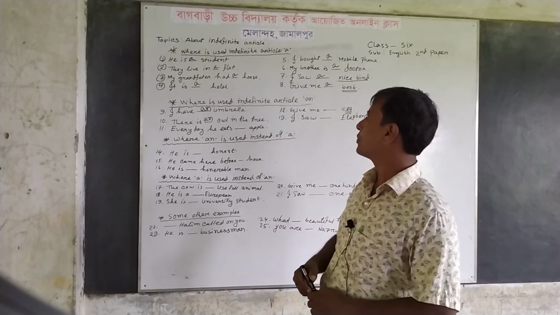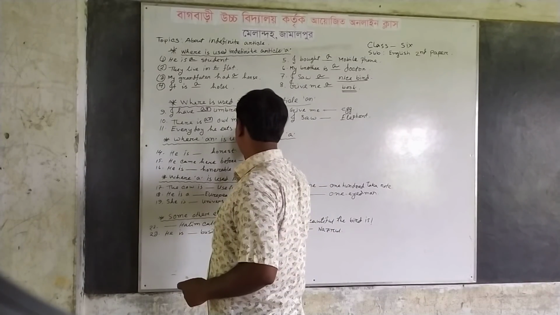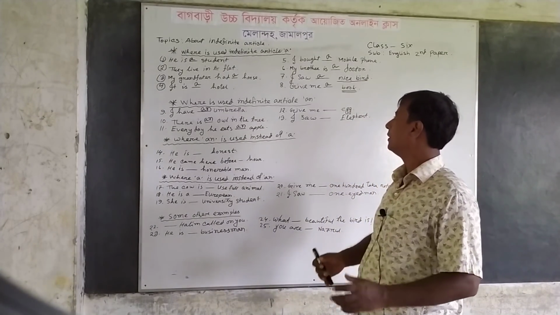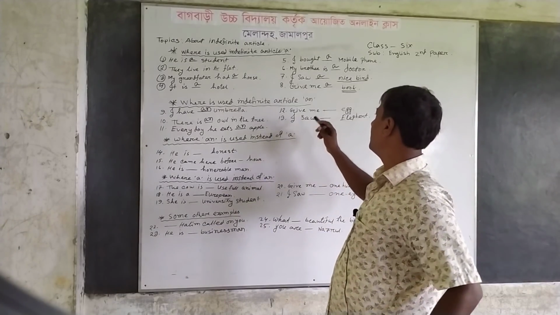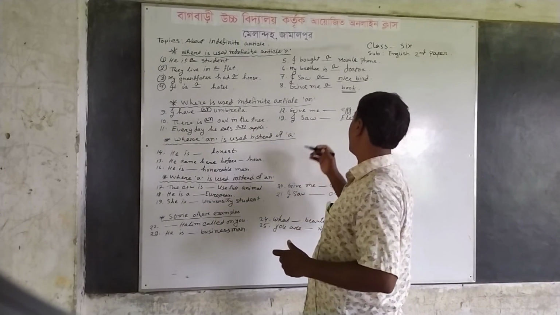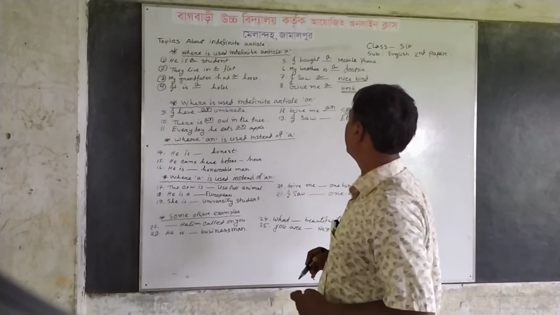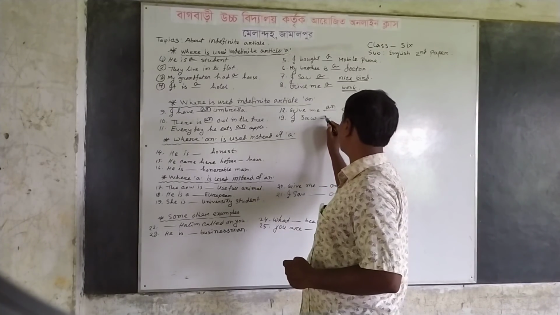So we shall use AN before apple. In the same way, give me an egg, and I saw an elephant.